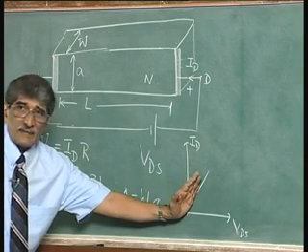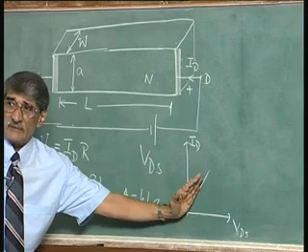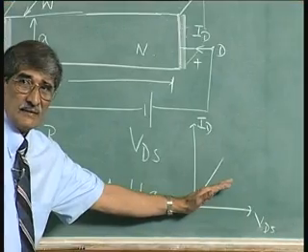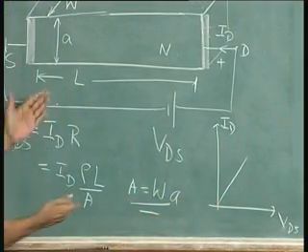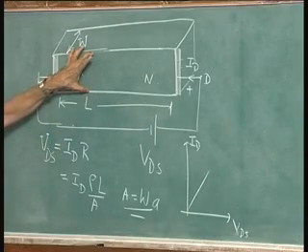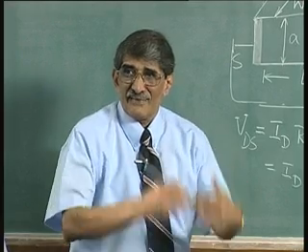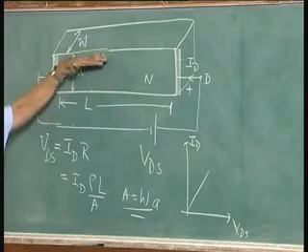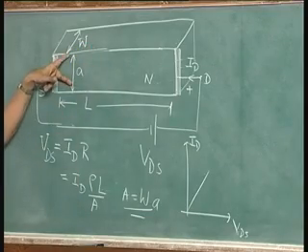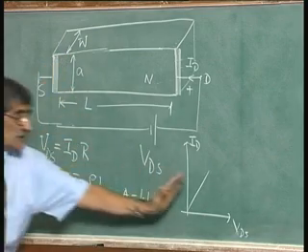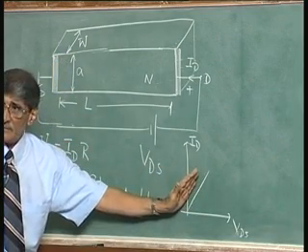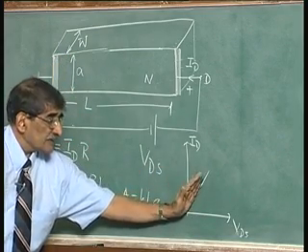I want to change this current. Supposing I want to reduce the current, what should I do? If I can reduce the thickness of this layer, let us say you have a way of electronically etching that layer, the thickness A can be reduced by some height, and you will get another slope like this.